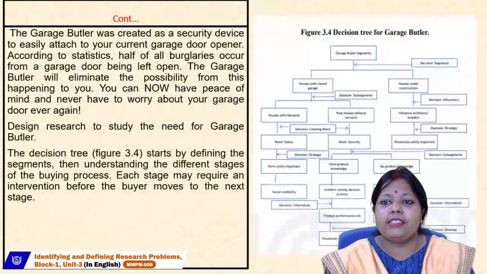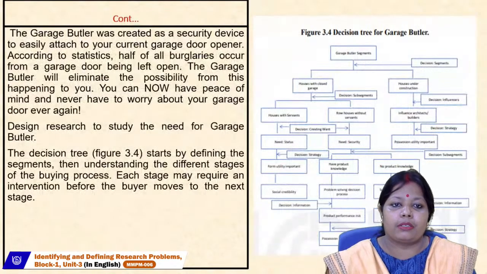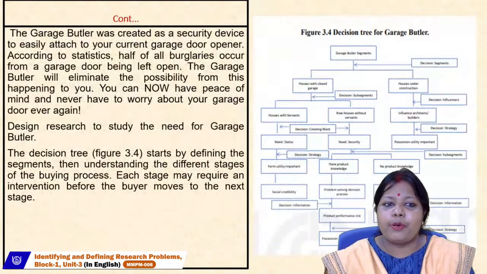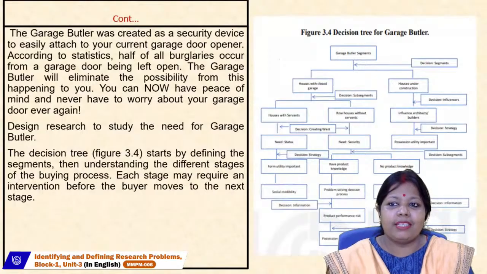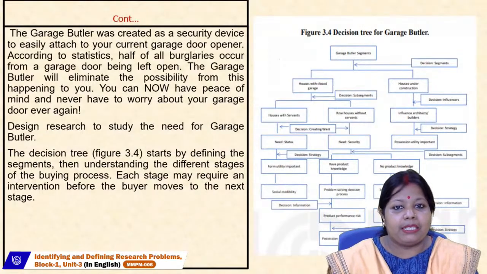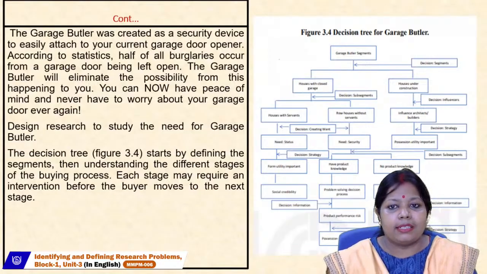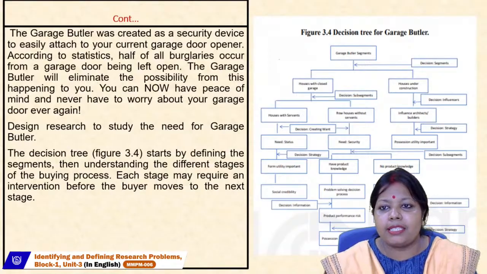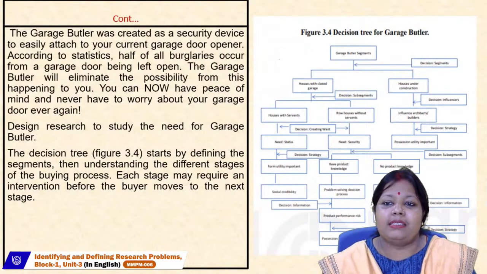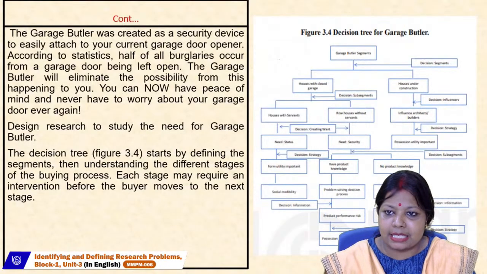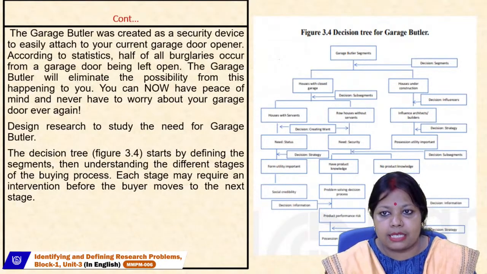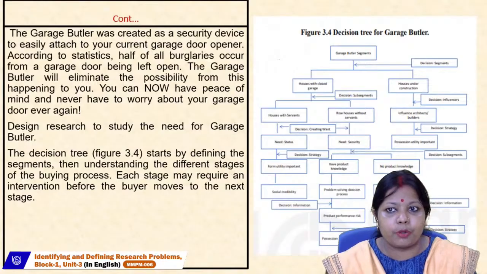Let me go there. The decision tree for garage bottler. Here, garage bottler segments. We are taking the decision tree, but in that case we are considering the decision tree as well as the conceptualization. In the decision tree, we can see garage bottler segments. Decision segments lead to this garage bottler program or segments.